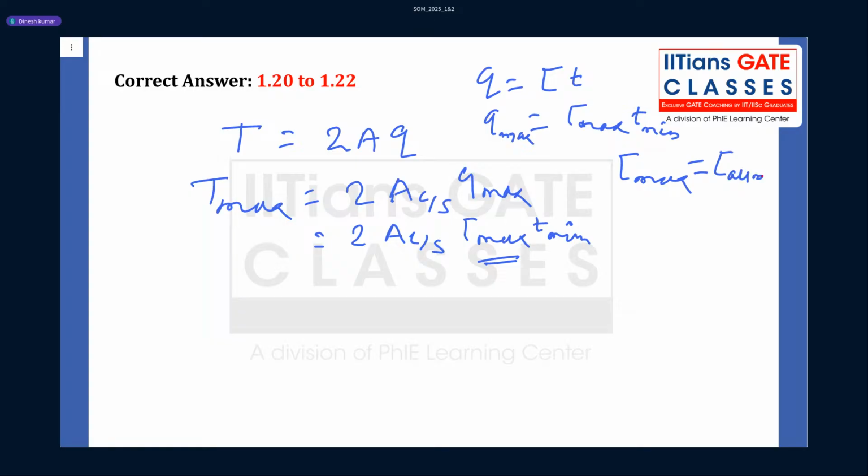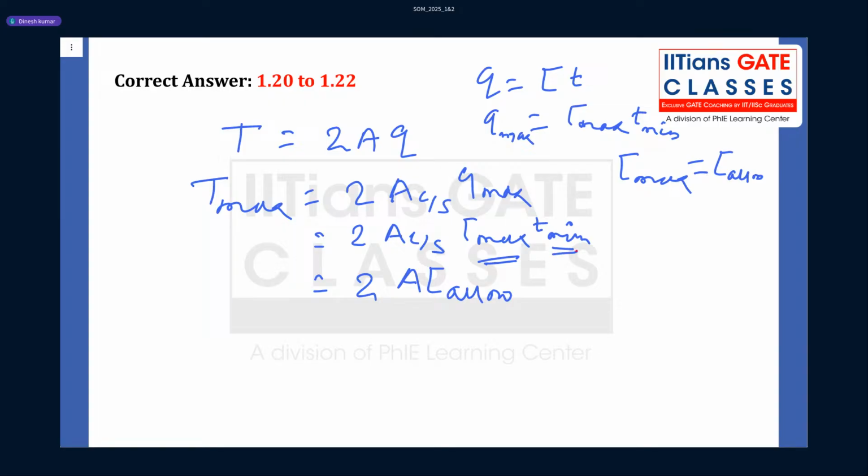This tau allowable we can find based on different failure criteria, either from Tresca's theory or von Mises theory. So T max is equal to 2A into tau allowable and t minimum.